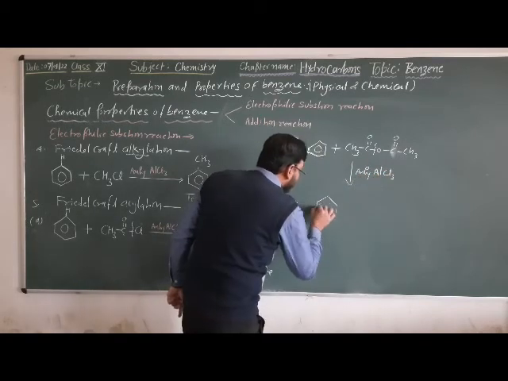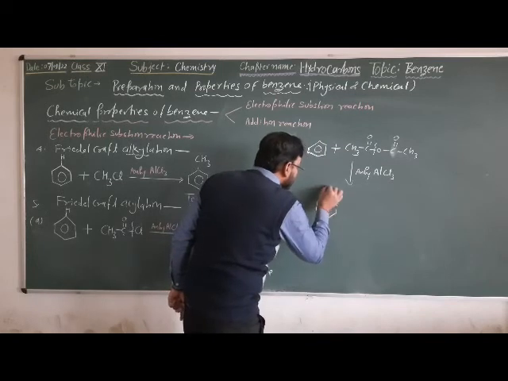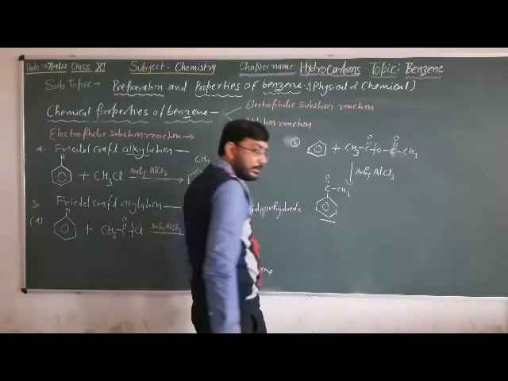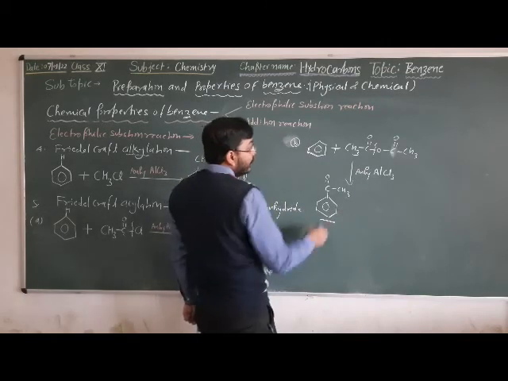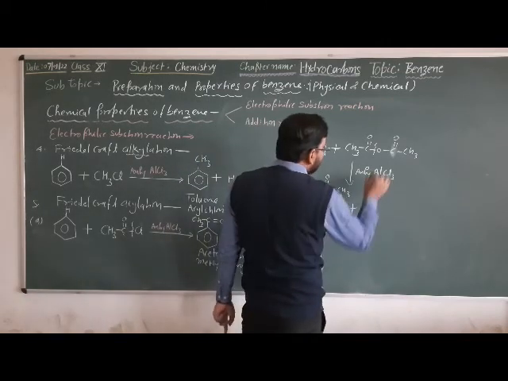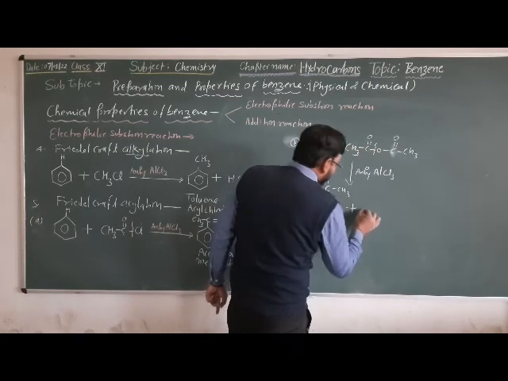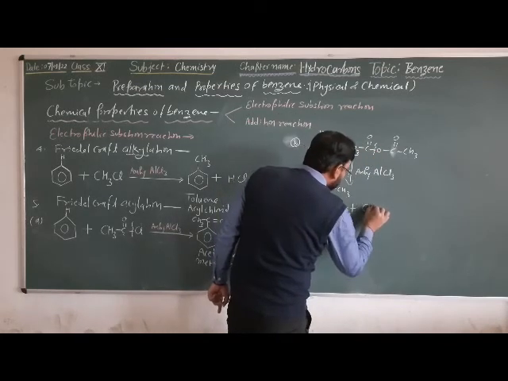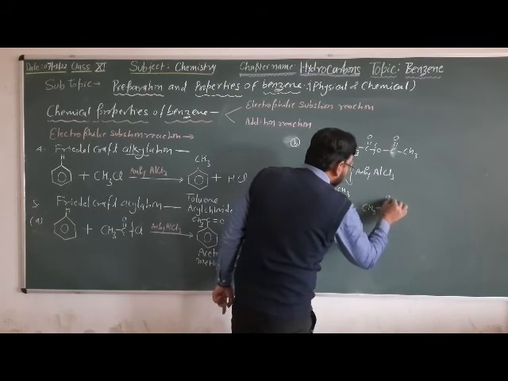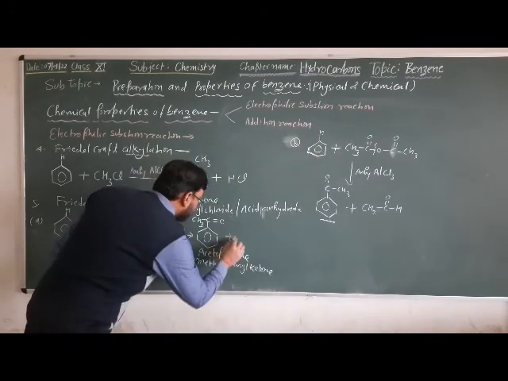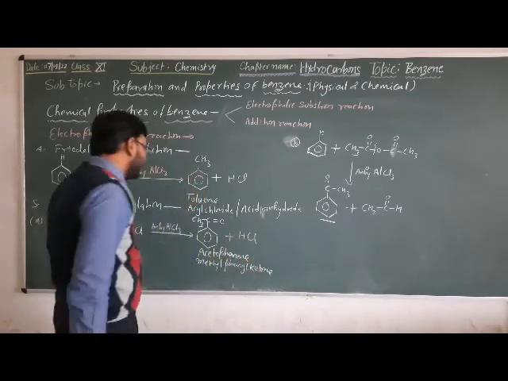So it will give the product C double bond O CH3. The same product we will get, plus the hydrogen which is removed from here gets attached with the oxygen. So in such a way we get the CH3COOH, and here is HCl. This is the difference between them.